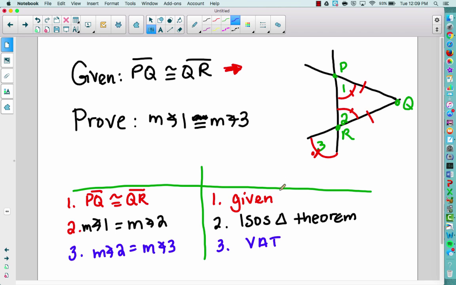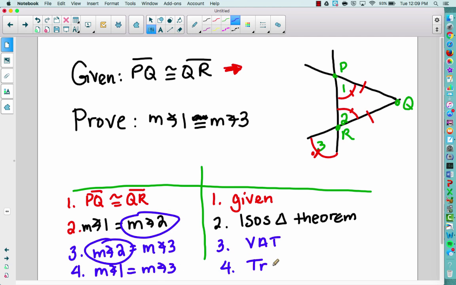Vertical angles are congruent. And then we've got our last one. I can connect these using angle 2, so the measure of angle 1 equals the measure of angle 3 because of the transitive property. Okay, perfect.